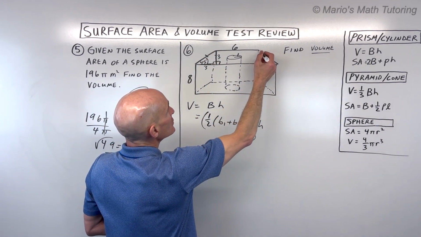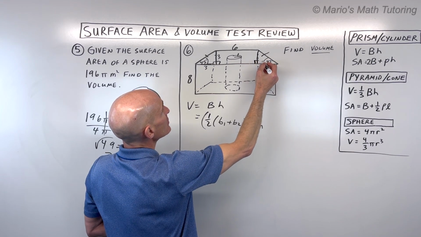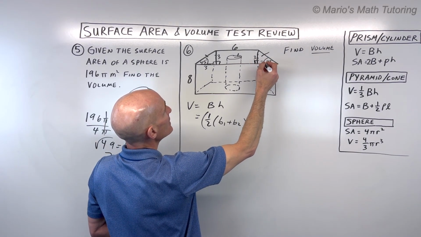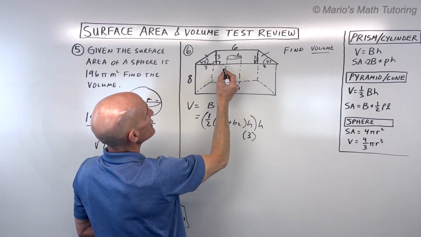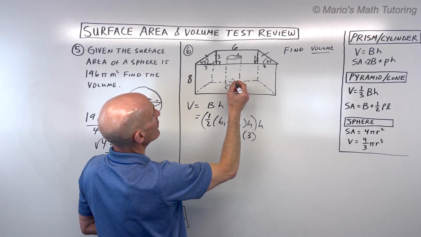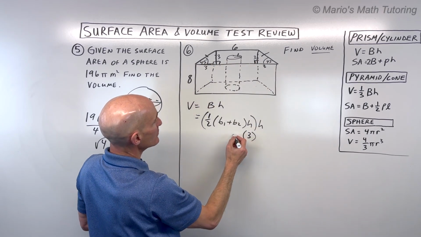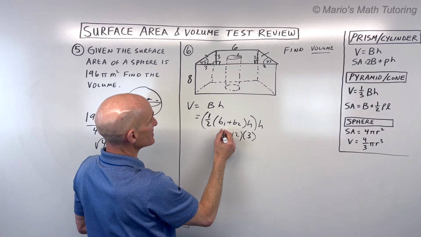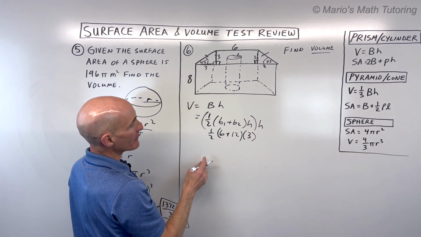So what I can do is drop two perpendiculars here. This is going to be 3 as well. This is going to be 3. And so that means that if this is 6, this would be 6 plus 3, that's going to give us 12. So this whole base here would be 12, plus this base of the trapezoid is 6, times 1/2.